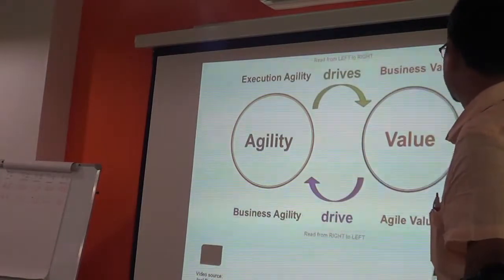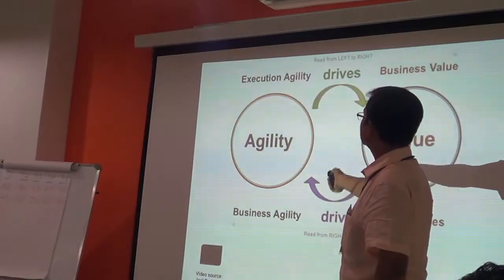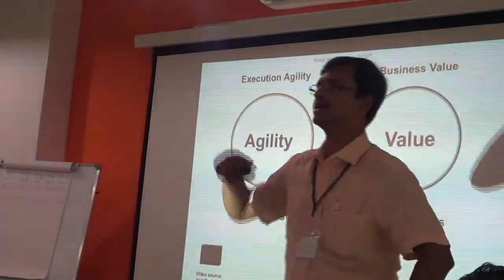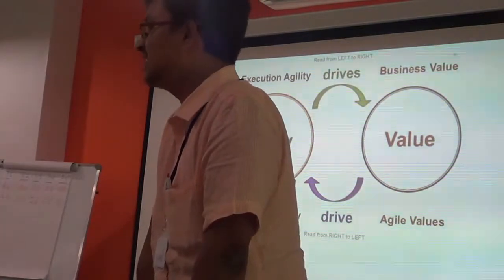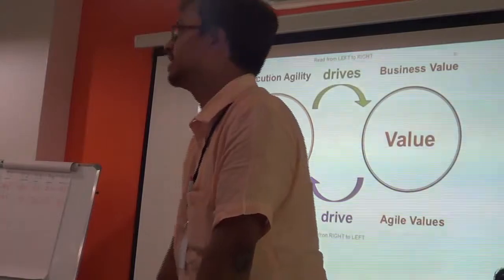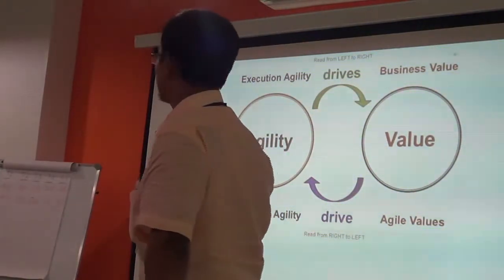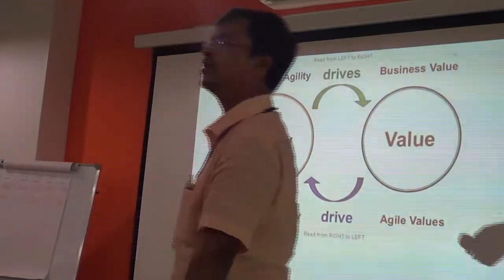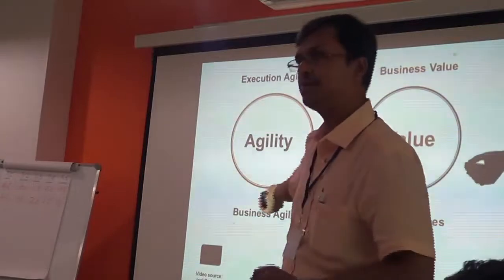I'm almost towards the end of my topic, and I recently spoke in a seminar with a topic called scaled agile delivery: is there a single bottleneck? I think you can just Google it. It's there on SlideShare, where I mentioned a scale scenario, right? When you're talking about a simple agile team implementation, execution agility becomes very prominent.